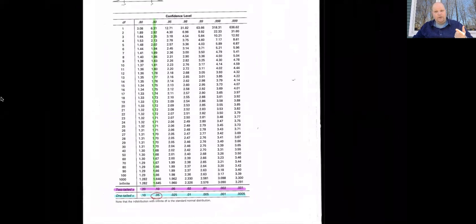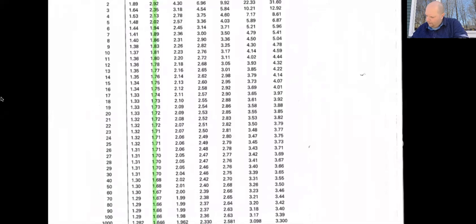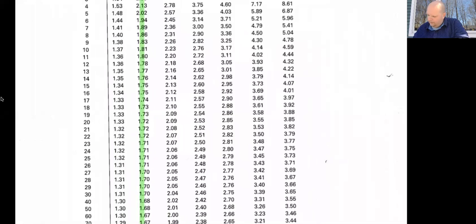Next up, we have to use our degrees of freedom, this df number. And remember, for these tests, the degrees of freedom depends on the sample size. It's the sample size minus 1 if you're just doing a single population mean. So let's say we had a sample size of 20.